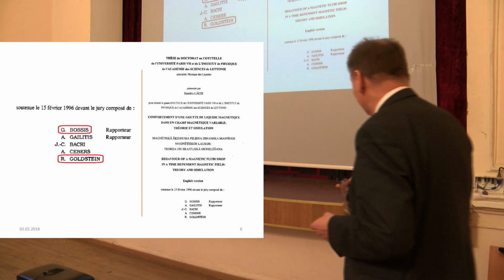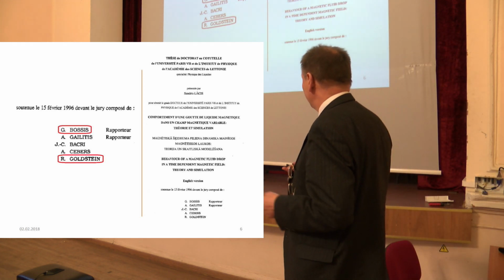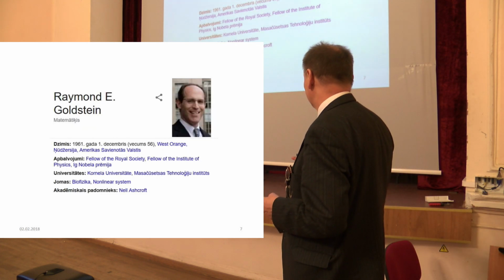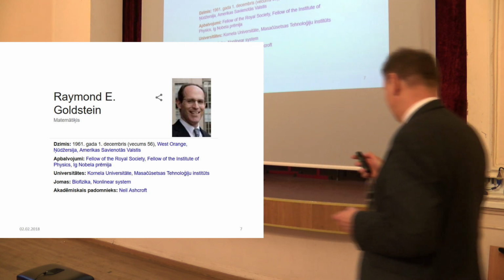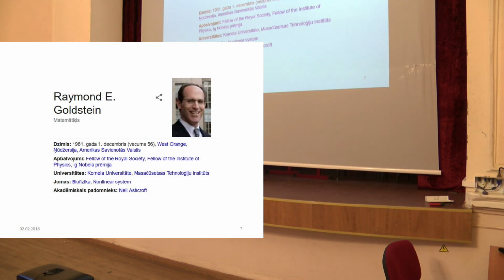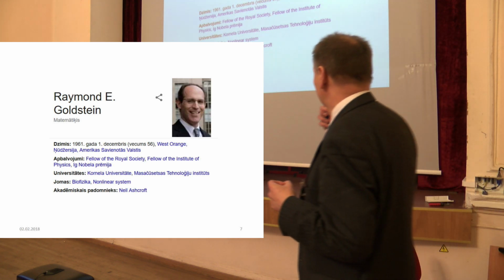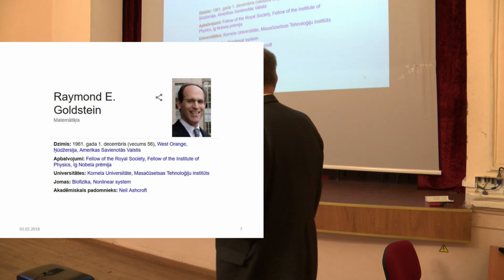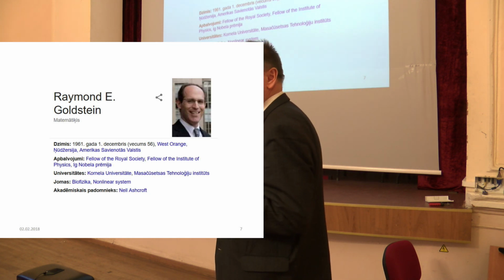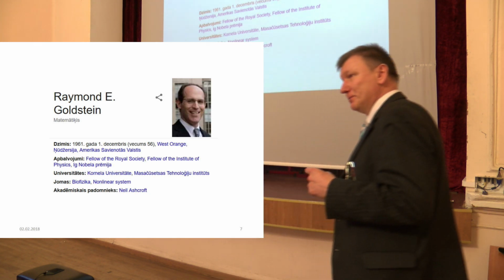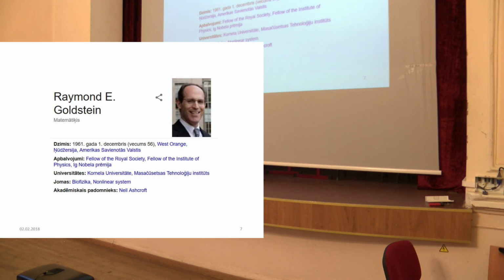And I'm stressing the two remaining persons because what is interesting, I should remember that at that time, Professor Cēbers told me that Raymond Goldstein is very promising, at that time still a young scientist.